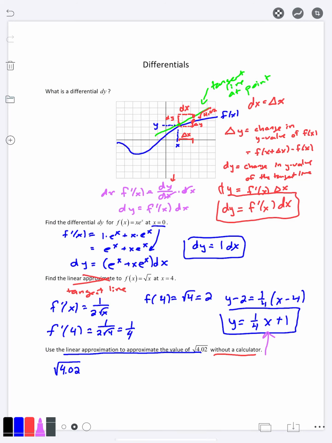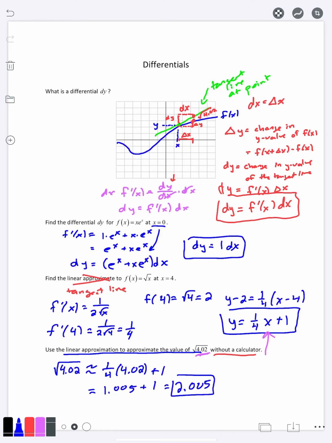So what we're going to do is take this linear approximation and plug in the x value of 4.02. So that'll be, sorry, not equals here, approximately equals 1/4 of 4.02 plus 1. Now 1/4 of 4 is 1, and 1/4 of 0.02 is 0.005. So my approximation value is 2.005.